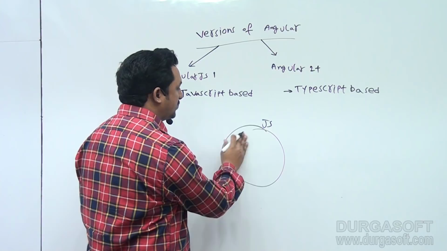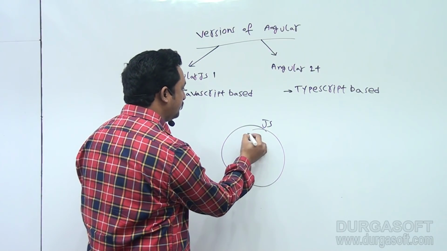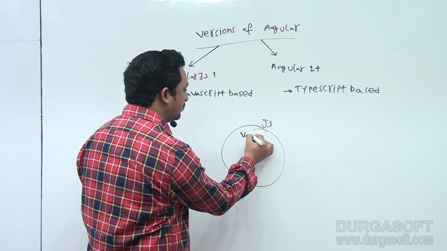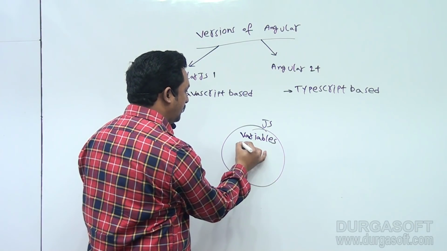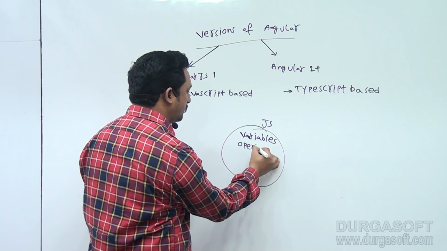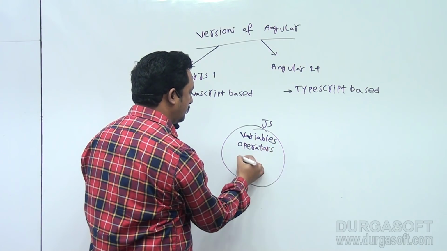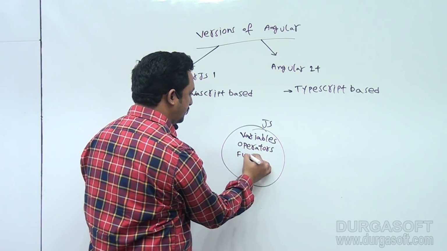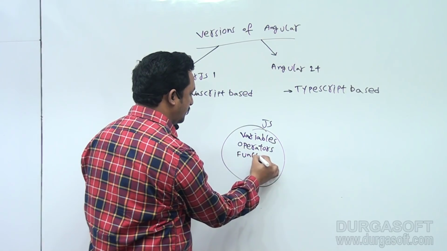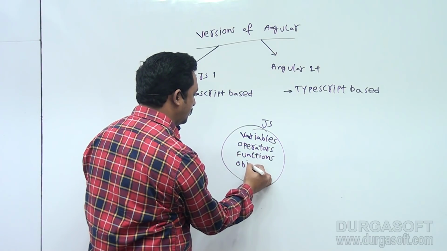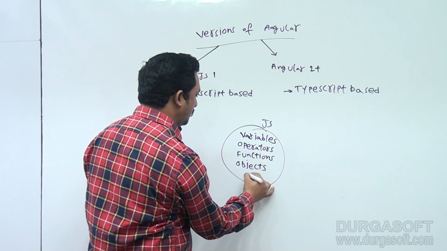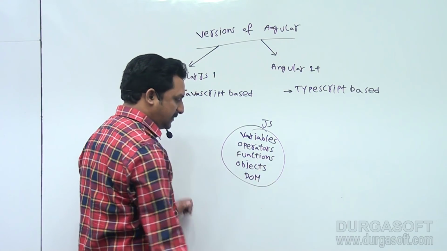In JavaScript, what are the different concepts? First we have variables, operators, functions, objects, and DOM manipulations.